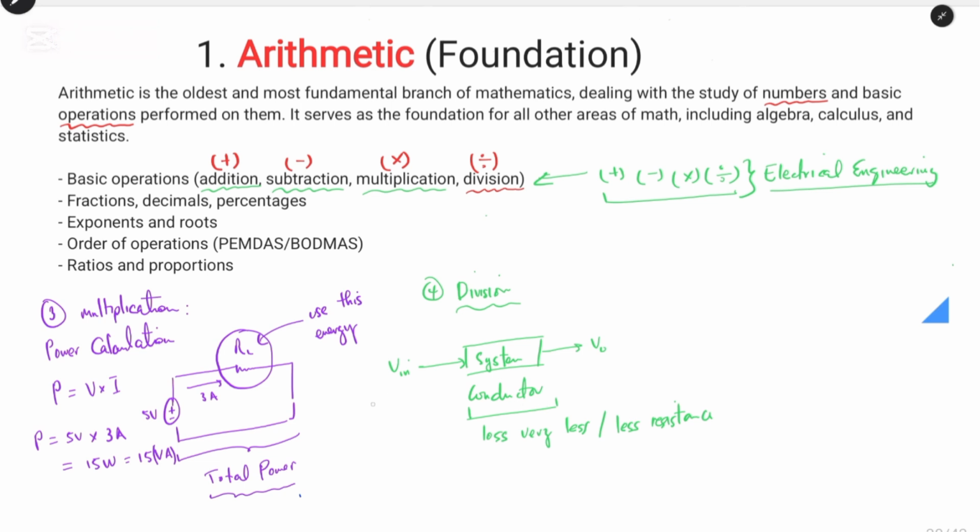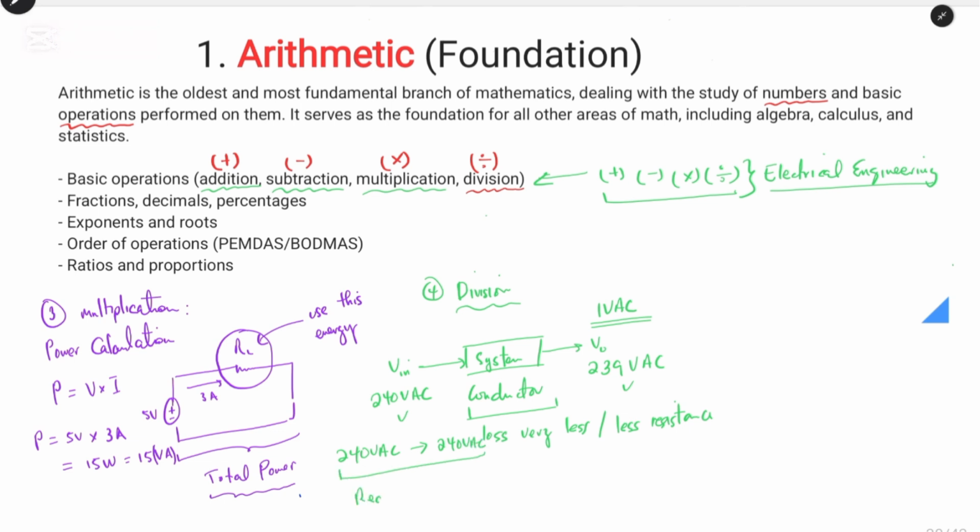Imagine we have 240 volts AC and the output is 239 volts AC. By comparing these two values, V in and V out, we can see that 1 volt AC is missing from the output. In a perfect system, we want 240 volts at the input and 240 volts AC at the output.